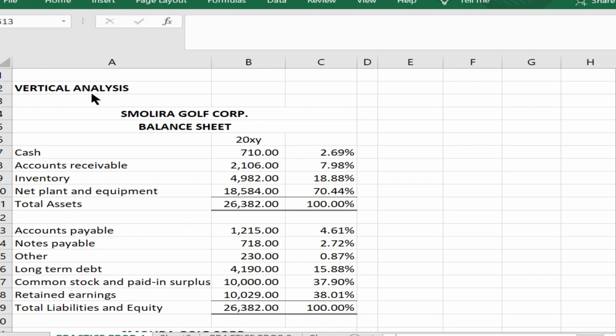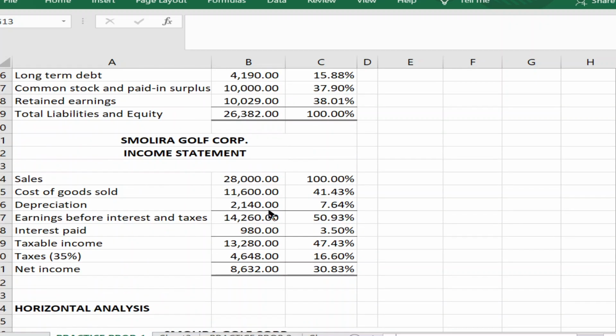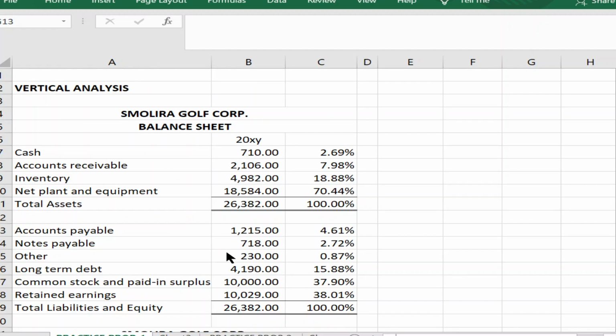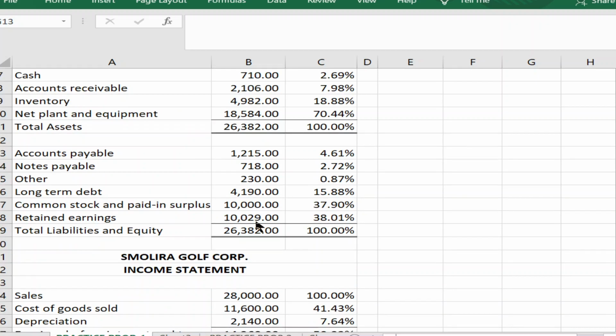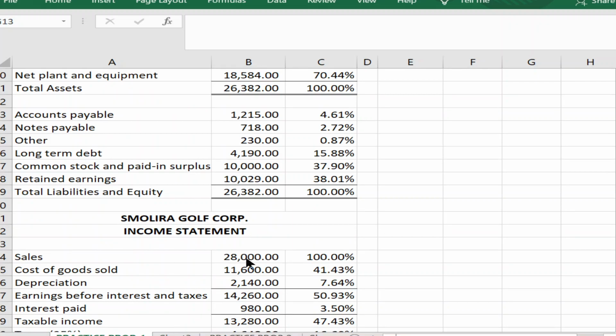As we explained in our last virtual class, the vertical analysis focuses on a specific year, and we restate the financial statements in a standardized form and use the assets as the base for our balance sheet. Meanwhile, for our income statement, we use the sales as our base. When we say it's our base, it means the assets will be our denominator, and for the income statement, our sales would be our denominator.